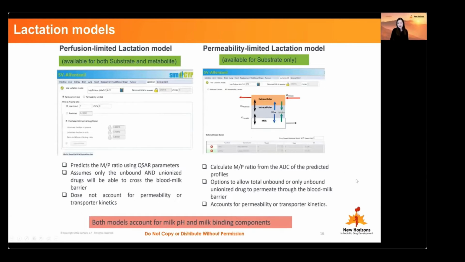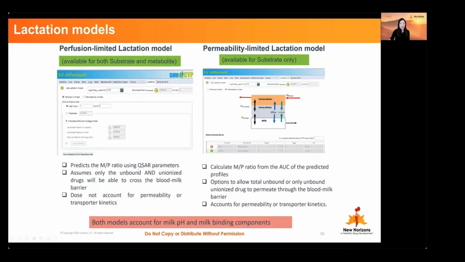So another important question that we need to address is how about neonatal exposure to drugs due to the intake of breast milk. And in recent years, we spent a lot of effort developing these lactation models. So here you can see that we have two different types of models. On the left is a static perfusion limited lactation model. You can see that it actually requires very minimum drug input parameters.